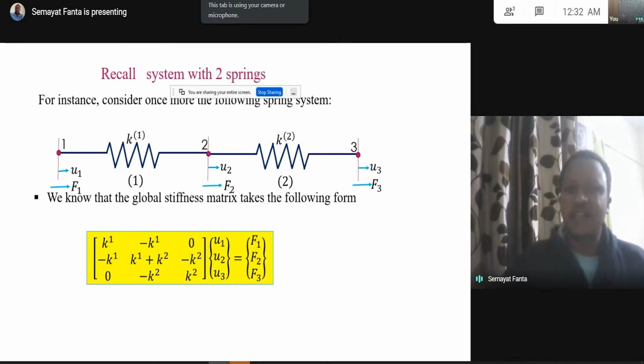Now let's take the two spring system connecting two links together, and this is the matrix which you obtain for two springs.